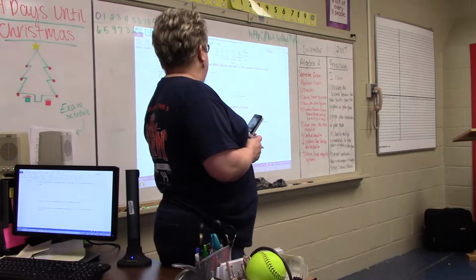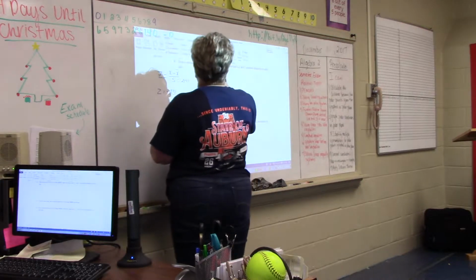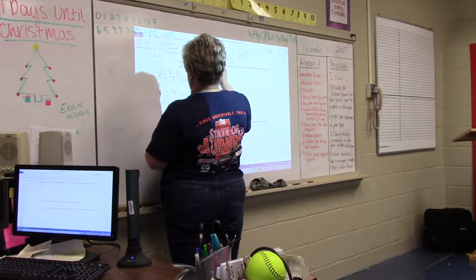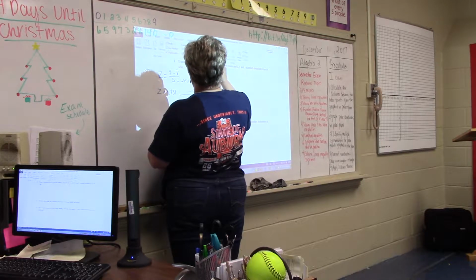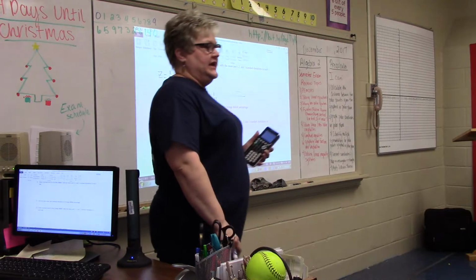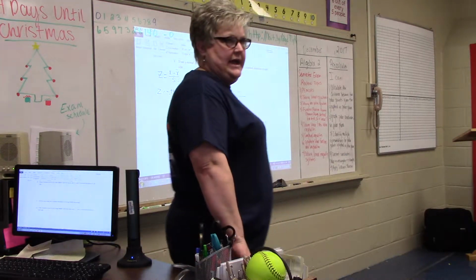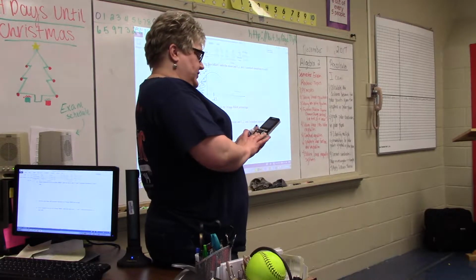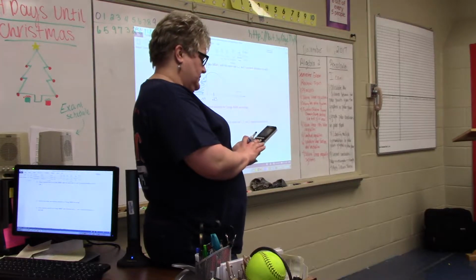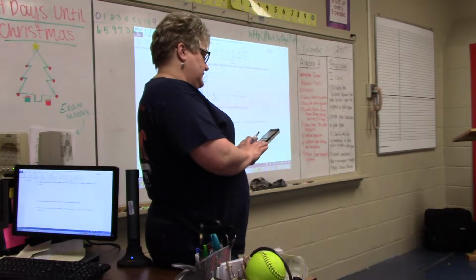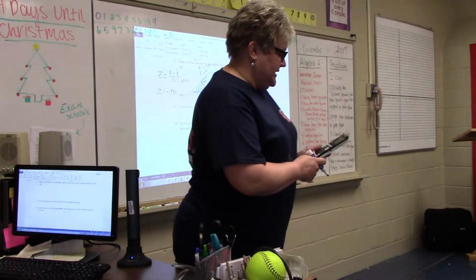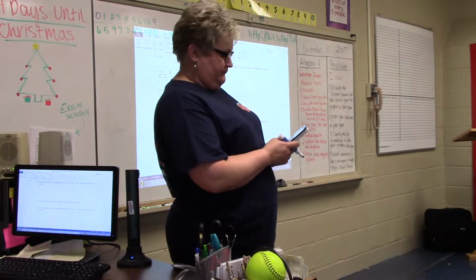So somebody tell me, my z value here is negative 0.731. How am I going to change that to see at what percentile I'm located? In the calculator under distributions, second vars, you have normal CDF, and then you have inverse norm.